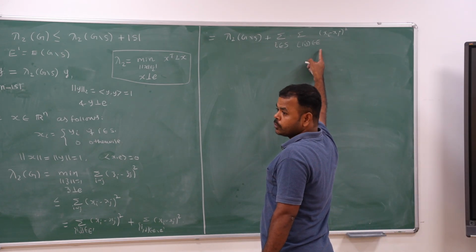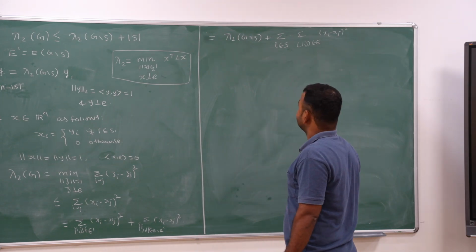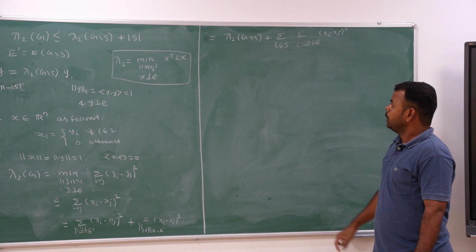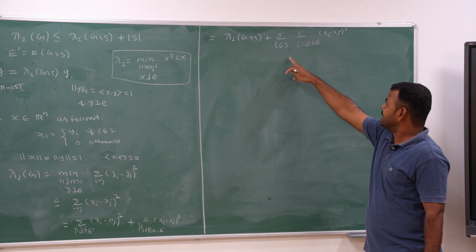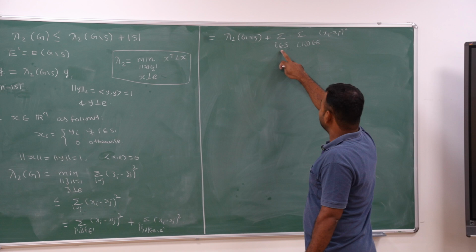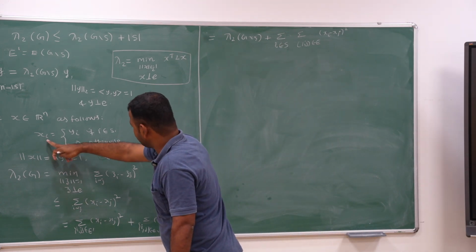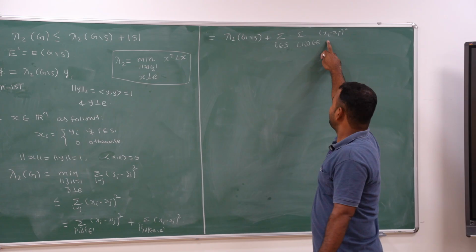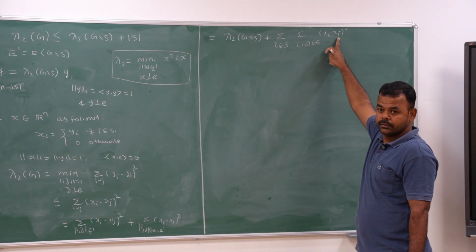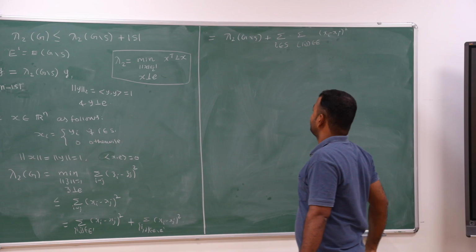Then what about this quantity? I is in S, j is in S complement. If i is in S, then what is the value of x_i? x_i is y_i. What's the value of x_j? It is not in S, so that is 0. So I will just get x_i square.